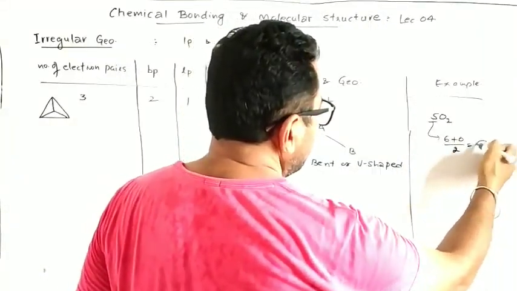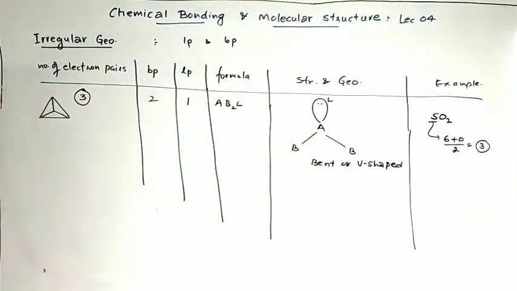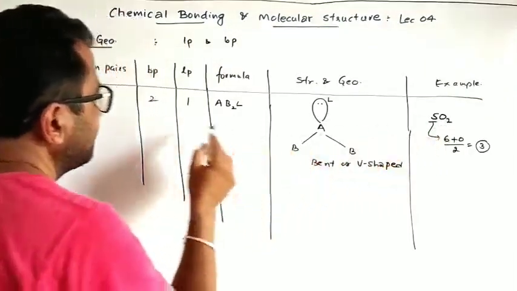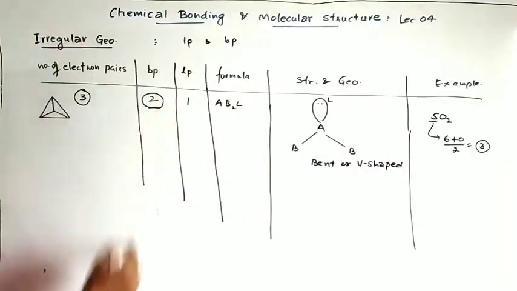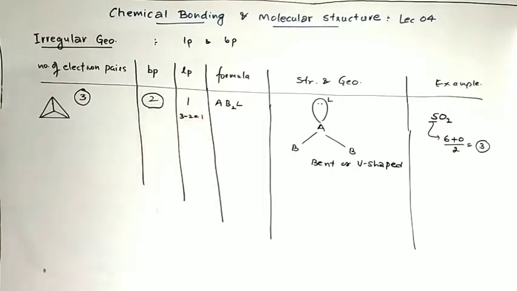So we get 3 electron pairs, out of which we can see that in SO2 there are 2 oxygen atoms. It means bond pairs are 2. And how to calculate lone pair? 3 minus 2 is 1.